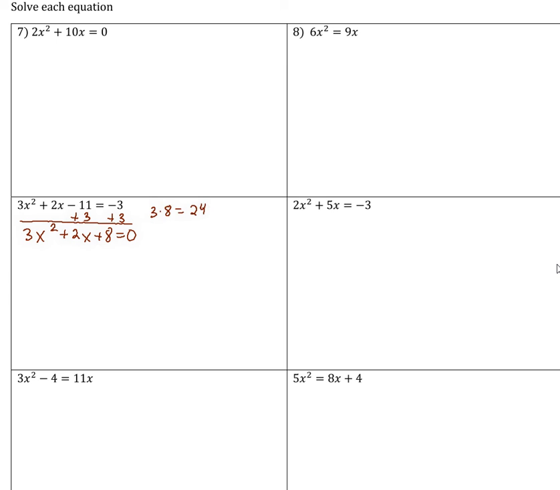All right, so 3 times 8 gives us 24. We need two factors of 24 that are going to add up to 2. Now, I want to use what is called the slip and slide method on this one and get away from doing our factoring by grouping.